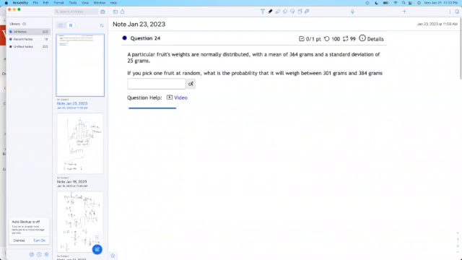Okay, so this says that the mean weight of this fruit is normally distributed. So let's write out, let mu be the mean weight. So mu is our parameter, our population parameter for population mean. And we're told that mu is 364 grams.